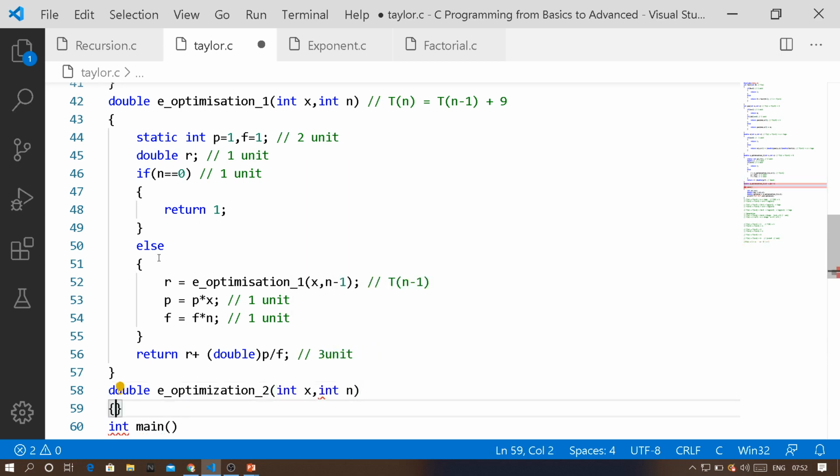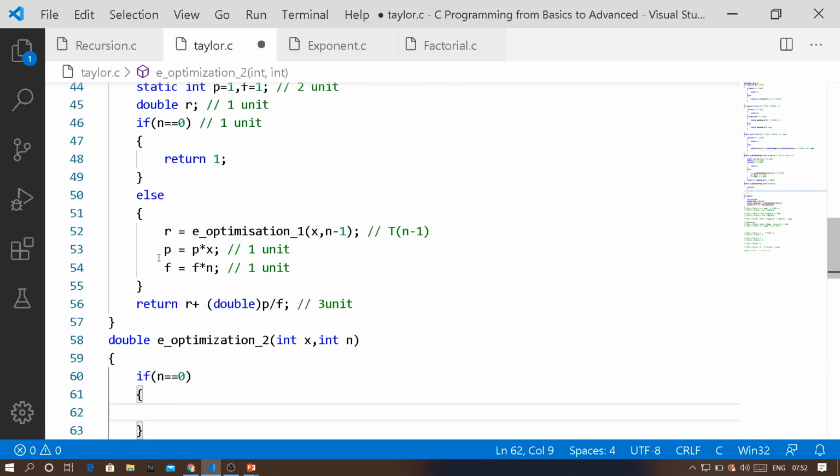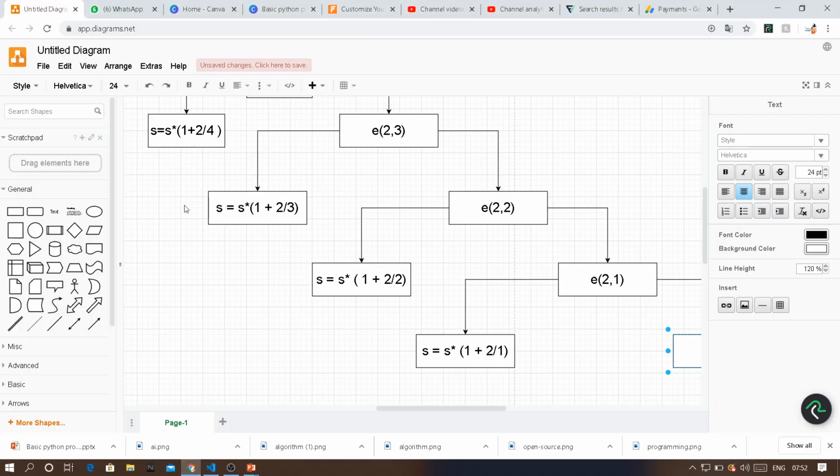All these things are the same. Okay, fine. What is the base condition we decided? If n is equal to 0, we planned on returning the final answer. What is the final answer? The final answer we are storing in the variable called s.